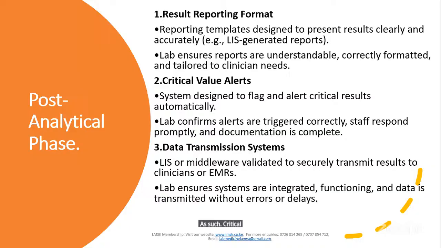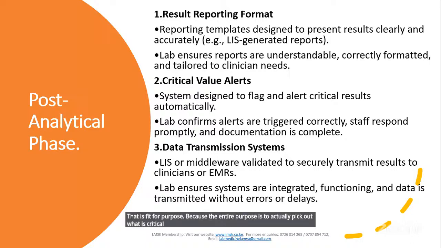Critical value alerts. We have a system designed to flag and alert critical results automatically. Okay? That is fit for purpose, because the entire purpose is to pick out what is critical and highlight it for you.